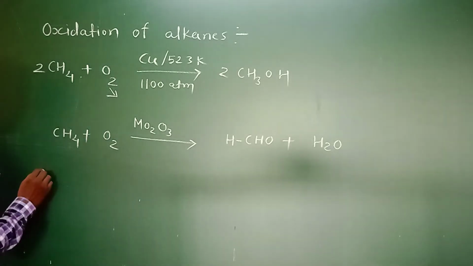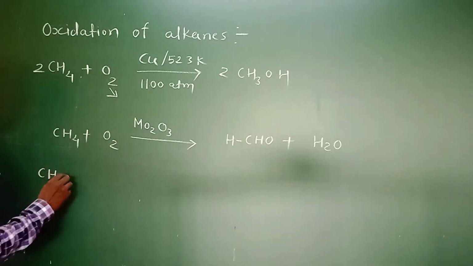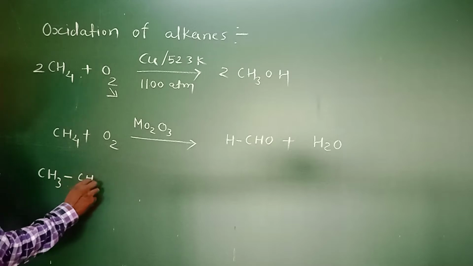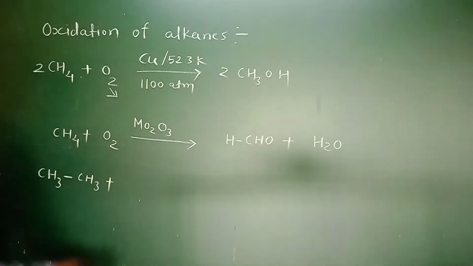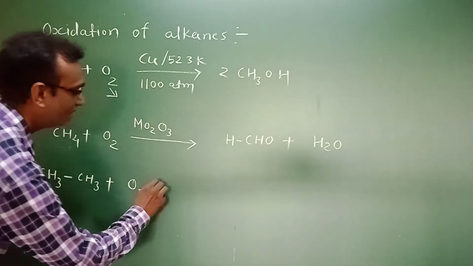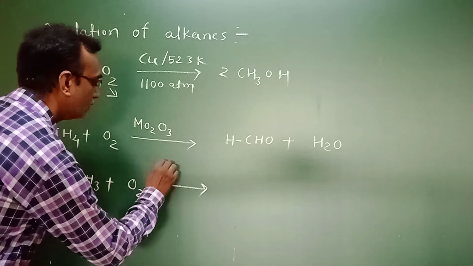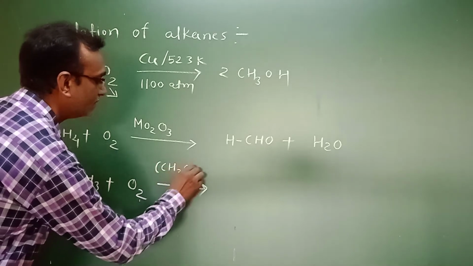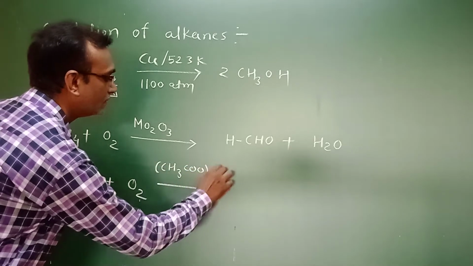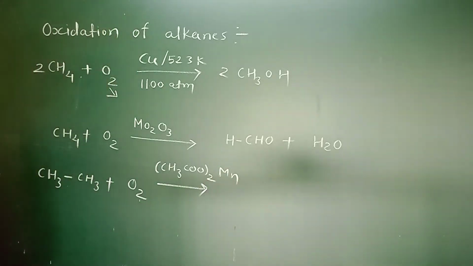Now let us see the next reaction. The next reaction is of ethane. Let us oxidize it by using dioxygen and the catalyst manganese diacetate.